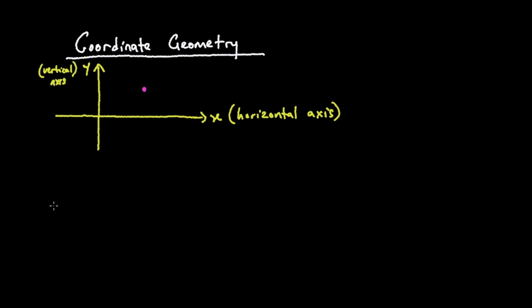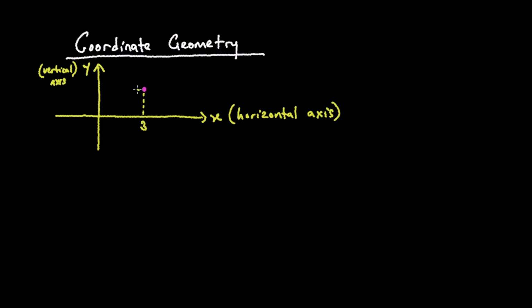Okay. So to know the position of this point, the convention, or the way we use, is that we firstly need to know its position relative to the horizontal axis. So we first want to know what its x-axis value is, we can say it is 3.